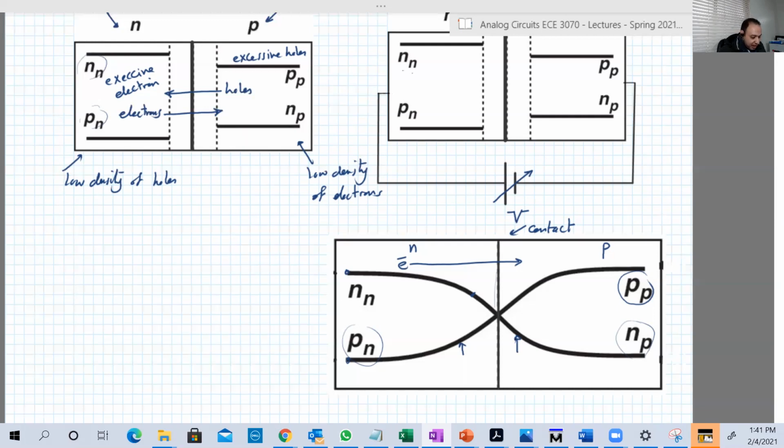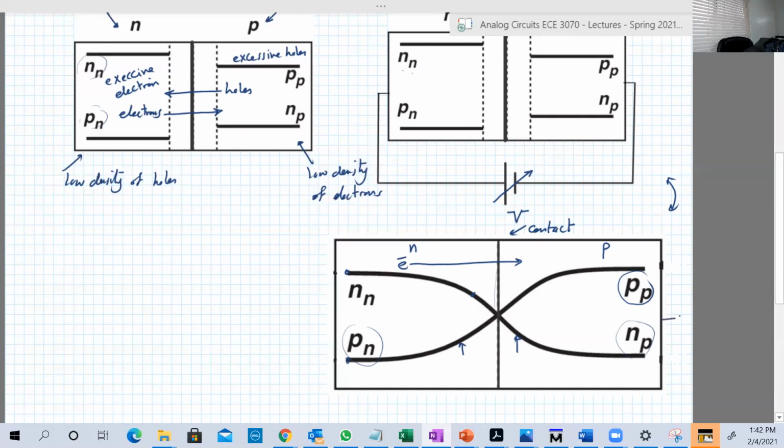Now the big question: does that behavior continue forever? I mean, at 1 second we have this, at 2 seconds we have this, at infinity do we still see motion of holes from P to N and the motion of electrons from N to P? And the answer is no. Basically because this is different from this. Here I have a battery, there is a closed loop circuit.